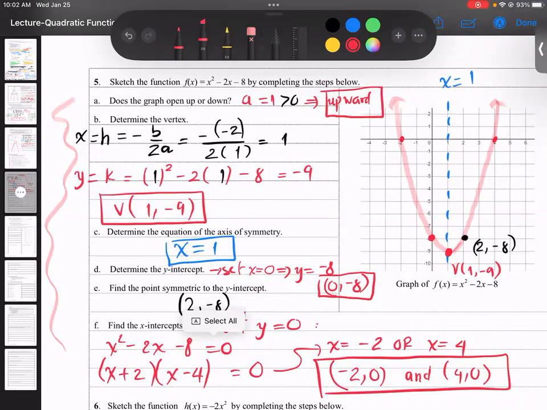Maybe label everything. It's fair. You'd rather have this than the application problem.